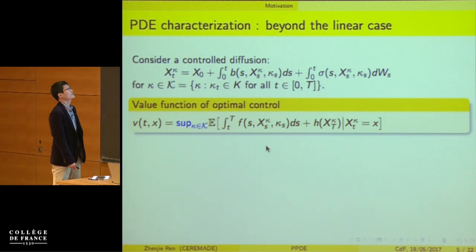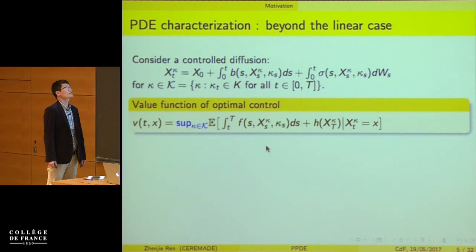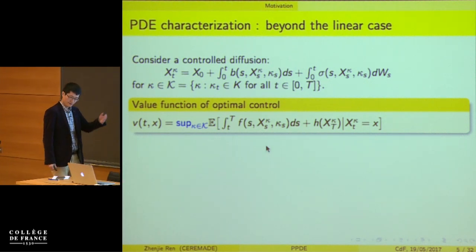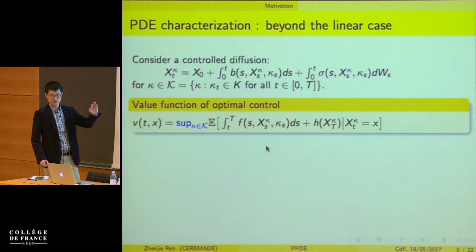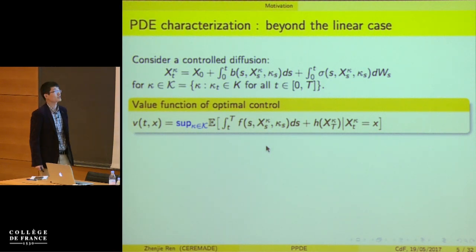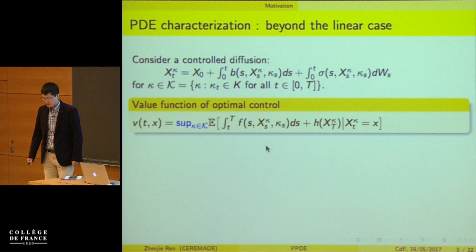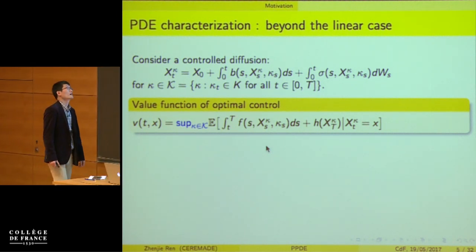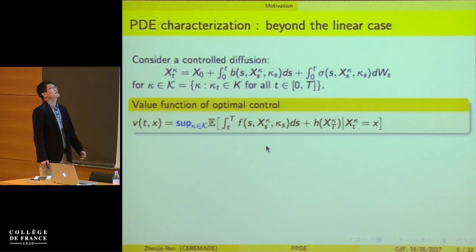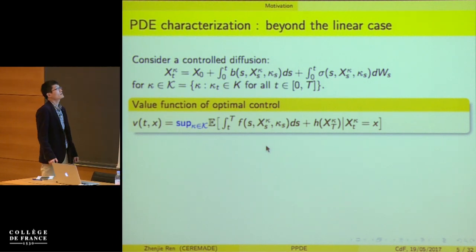And this kind of PDE characterization can go beyond the linear case. Let's consider this control problem with the controlled diffusion X. In the diffusion, there's a drift coefficient B and the diffusion coefficient sigma, and in those coefficients, there's this kappa as a control variable. The corresponding optimal stochastic control problem is stated as follows.